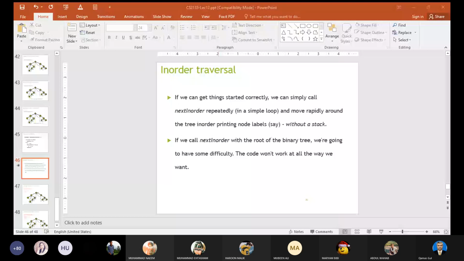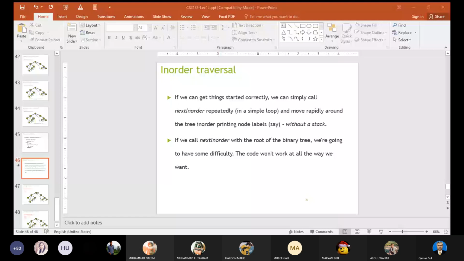So we were discussing the in-order traversal of the threaded binary tree. If we can get things started correctly, we can simply call next in order repeatedly in a simple loop and move rapidly around the tree in order printing node labels, say without a stack.